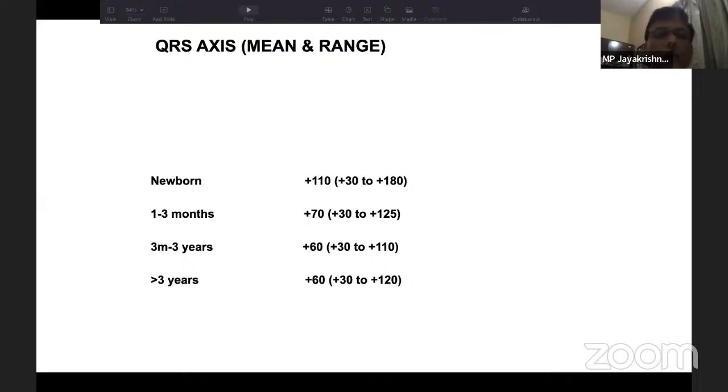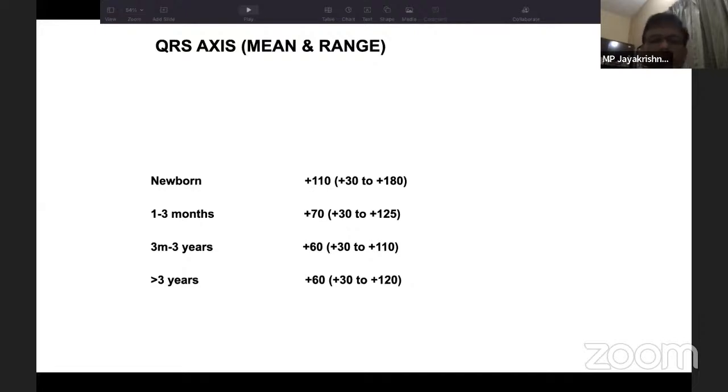And normal QRS axis, again, it is not easy to remember all this, but what you can look at is the lower limit. I have kept there, it is plus 13 for all age groups, whereas the upper limit for a newborn can be as much as 180. 1 to 3 months, again, as you know, the newborn has the maximum right ventricular dominance, and the right ventricular dominance comes down as the baby grows.